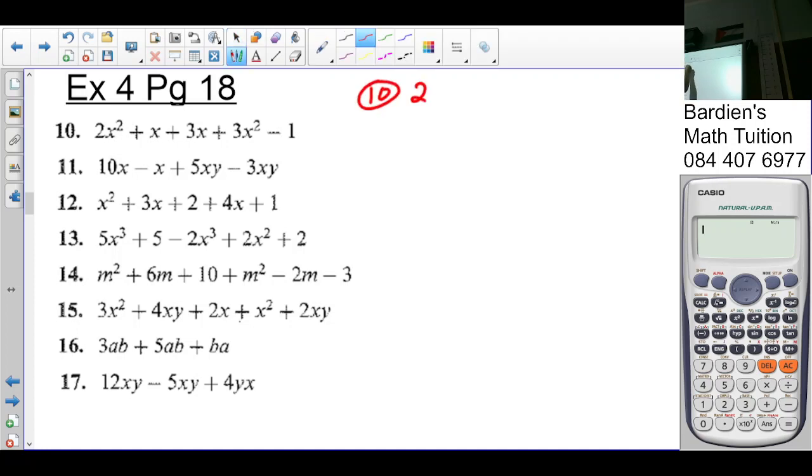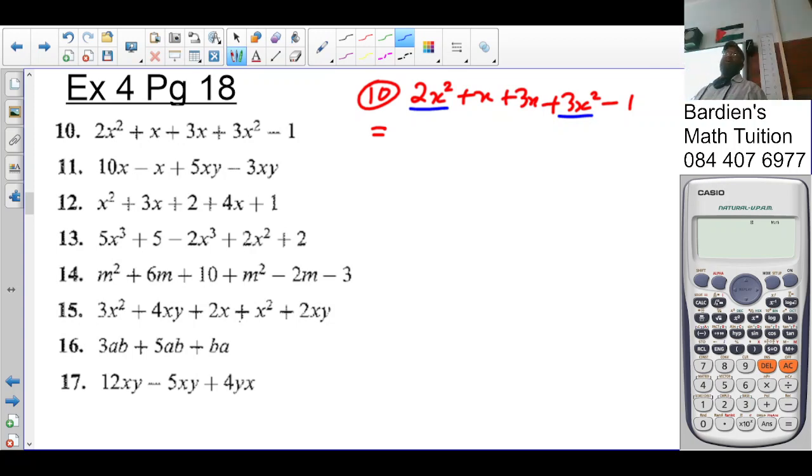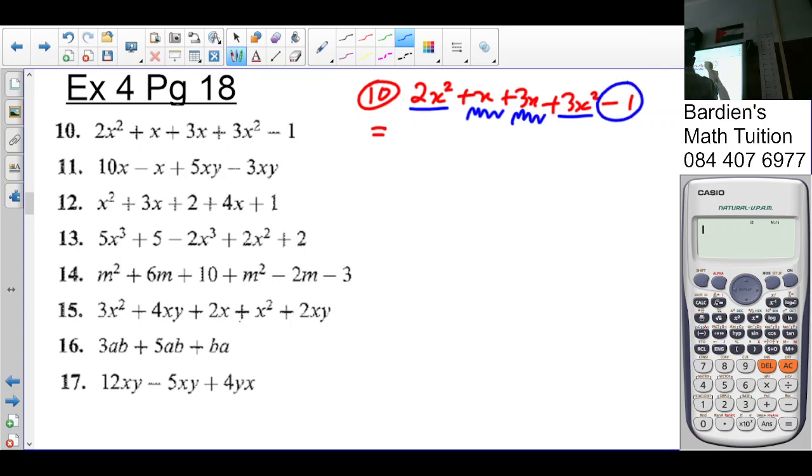So if you look at 2x squared plus x plus 3x plus 3x squared minus 1, 2x squared is a like term to what? 3x squared. X and x squared are not like terms. You understand? Okay. X is a like term to 3x. And minus 1 is standing on its own. Not so? Right. Do the sum quickly.